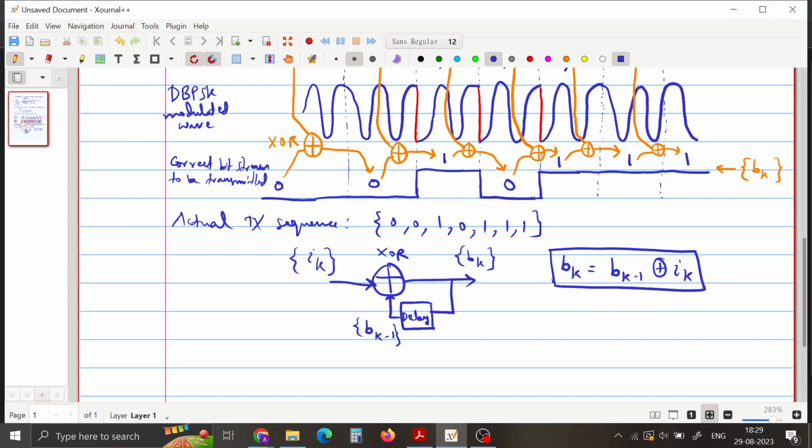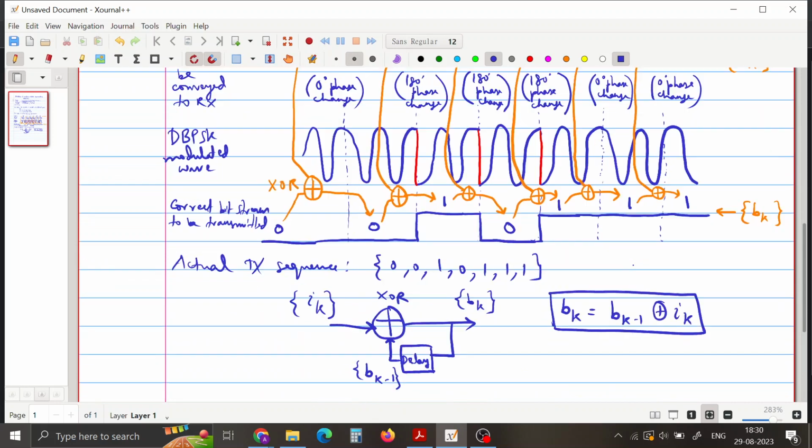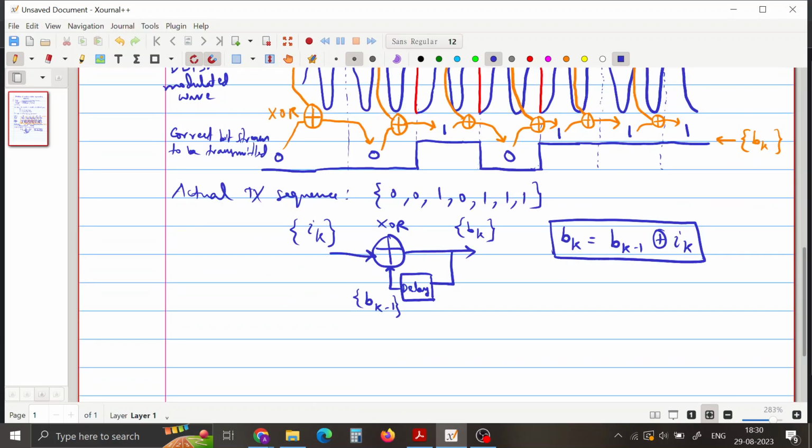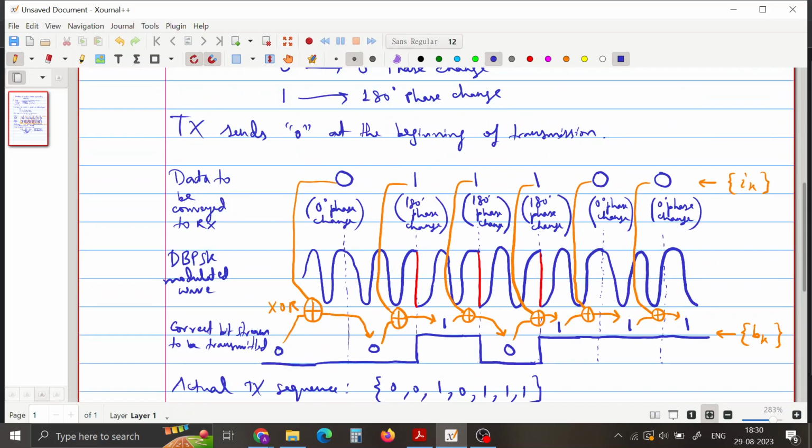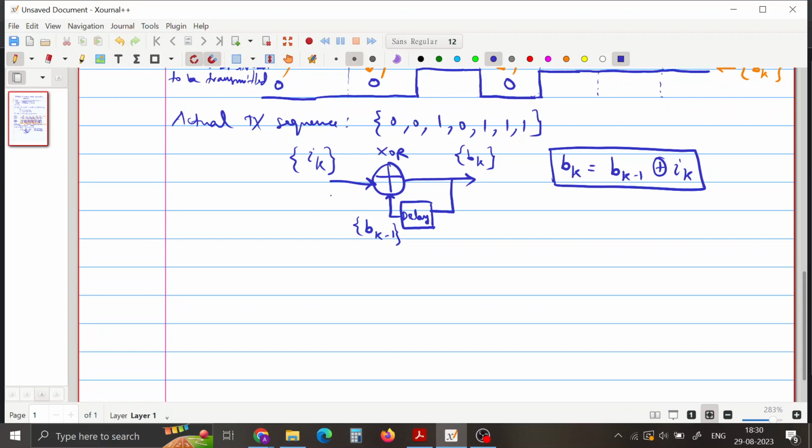So BK is your actual transmitted sequence, and IK is the given bit stream that you want to convey to the receiver. Since we mentioned in the problem that the transmitter sends 0 at the beginning of transmission, the assumption is that B0 is 0.